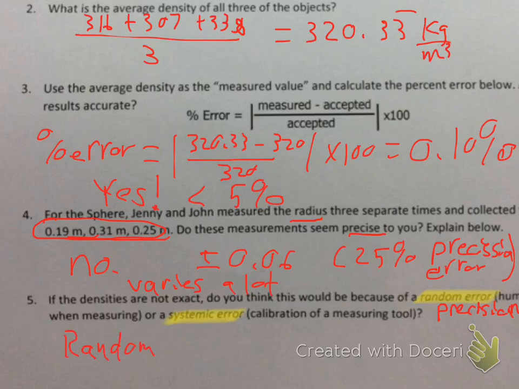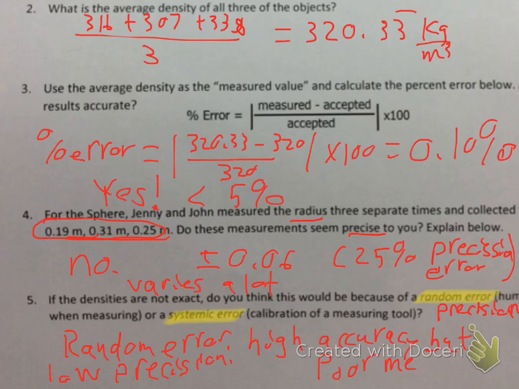And the reason is we have high accuracy and low precision. So if we have high accuracy, it's not systematic. And the biggest error that we can see is poor measurement, so human error with probably the meter stick.